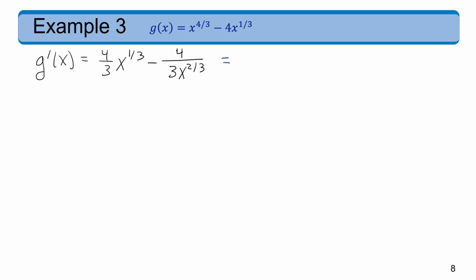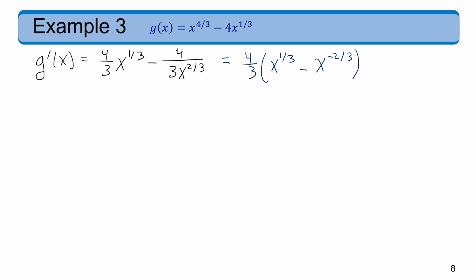a product rather than a difference. So one thing I could do is factor out 4/3, because it's common to both terms. And that leaves x to the 1/3 in the first term, and then minus 1 over x to the 2/3, but I could go back to a negative exponent and write that as x to the negative 2/3.